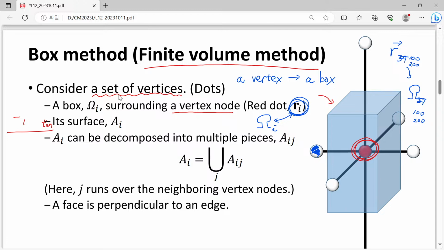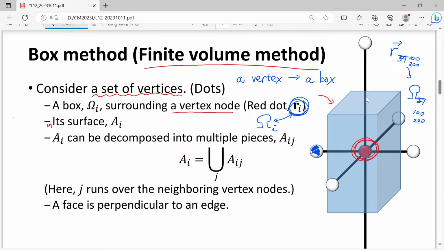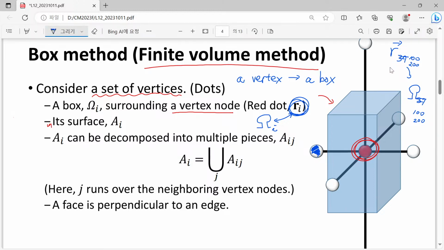Then maybe you can ask me this question. Of course we can think about the relation between a vertex shown here and a box. Then who decides this box? Actually, we must define the volume of this box.